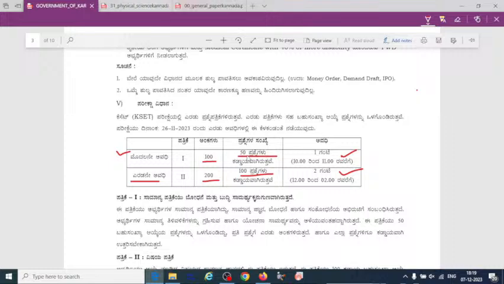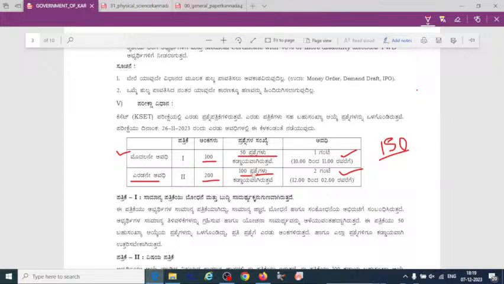So 50 plus 100, total how many questions are there? 150. Among 150, how many questions must you attempt correctly to qualify the exam?